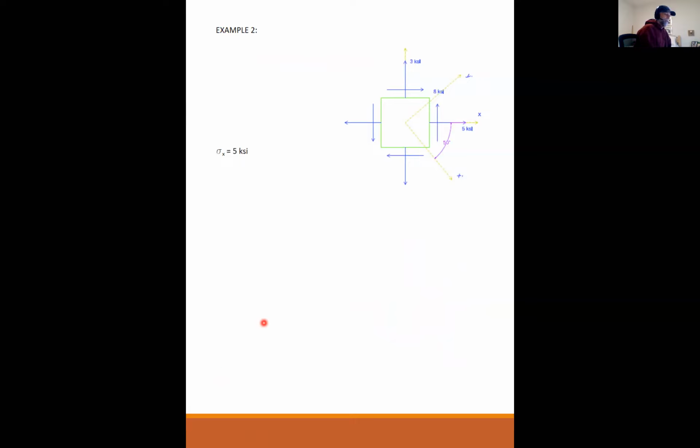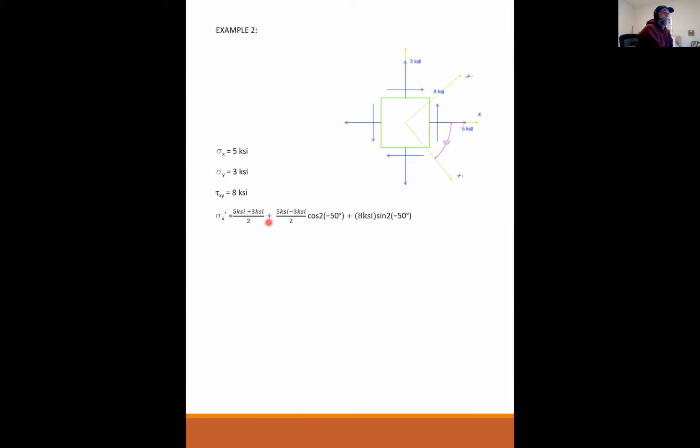So now what I do is I establish my 3 independent stresses. I have 5 KSI, it is positive because it's in tension. 3 KSI, positive because it's in tension. 8 KSI, positive because on the X face, it is in the Y direction. So all 3 are positive. So now I plug and chug.